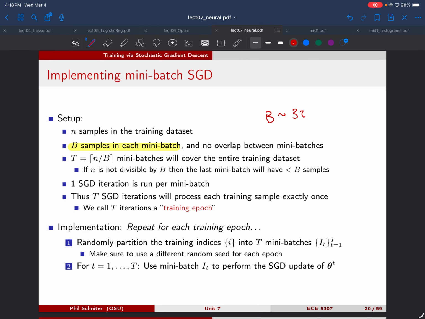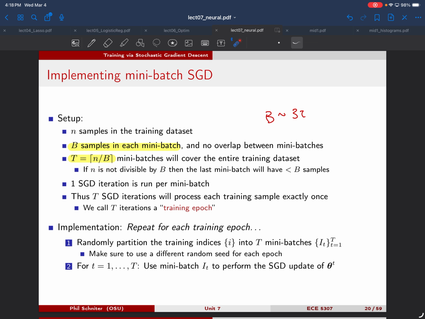How many mini batches will I need to cover my entire training data set? You take the ratio n over b, which may not be an integer, and if it's not an integer, you have to round up.